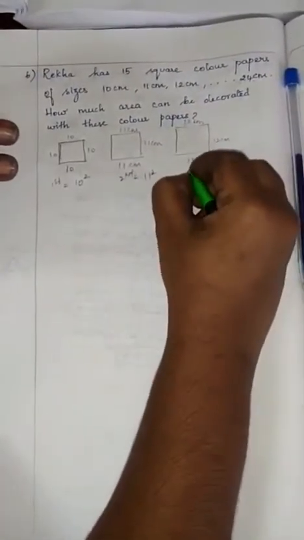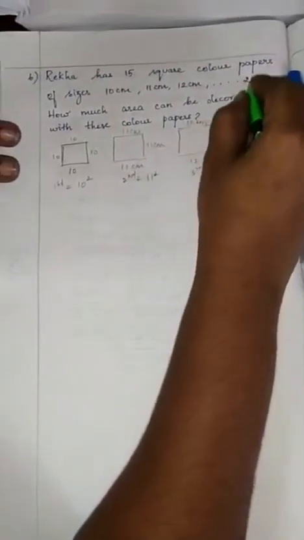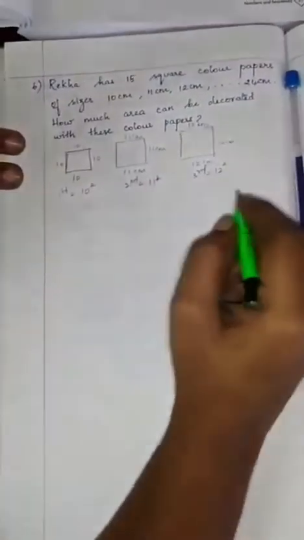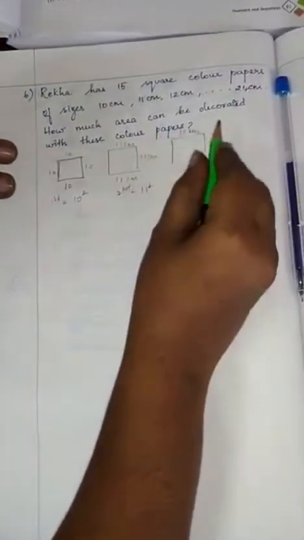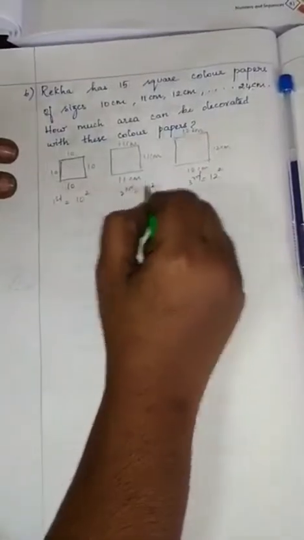The third square paper is 12 into 12, that is 12 square. Like this it goes on still 24 square. Then how much area can be decorated with all these color papers? We want to add this area plus this area plus this area, till 24 cm. Those areas we are going to add. That's what they have asked us to find out.